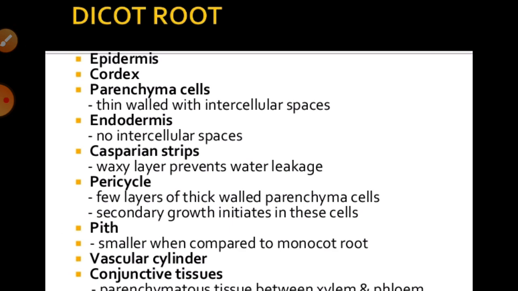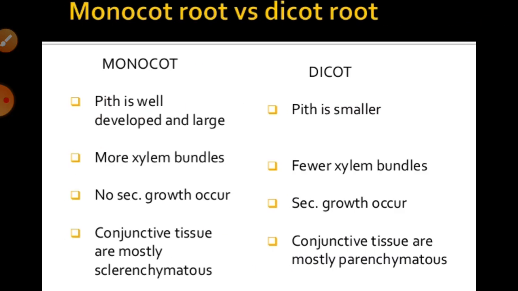So these are the different characters of this one. Sometimes you can differentiate between the dicot root and monocot root, which you can easily understand.